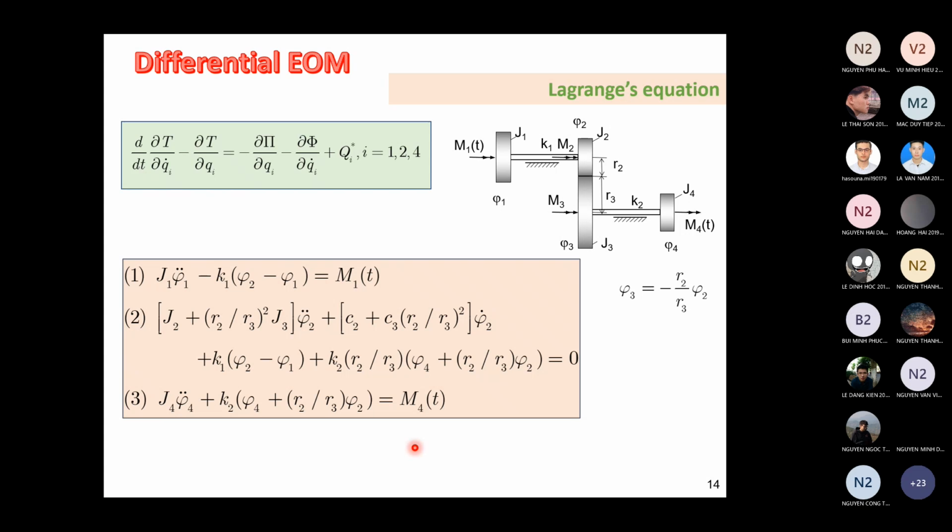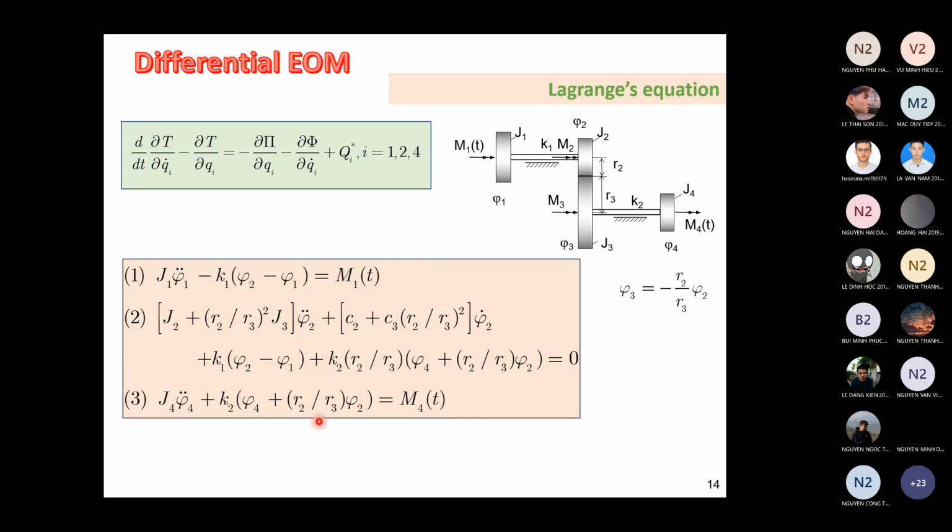Then plug into the Lagrange equation, and you will have 3 equations for each system, one for each coordinate. The first one is for phi1, the second one for phi2, and then phi3 and phi4.